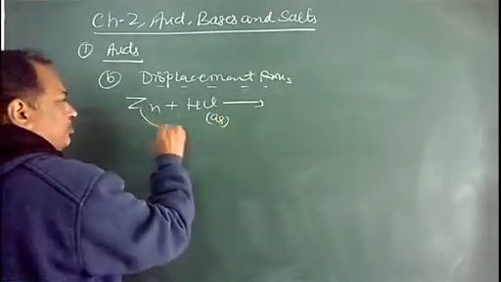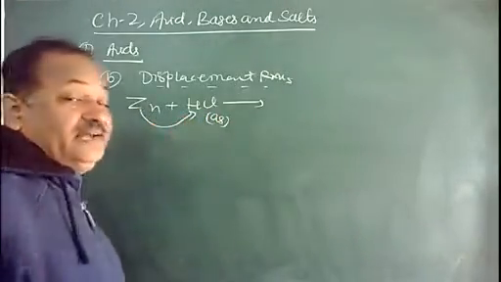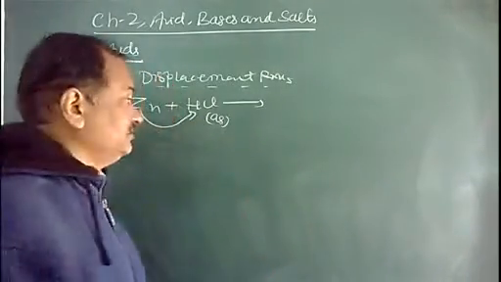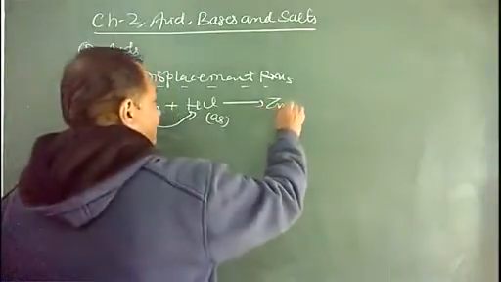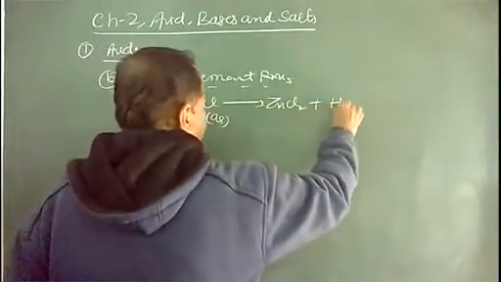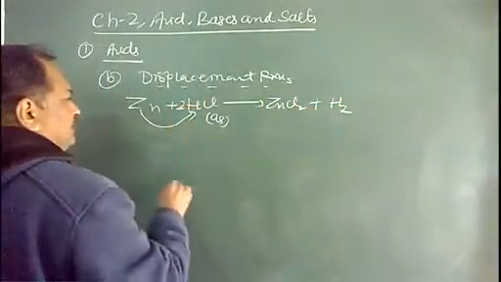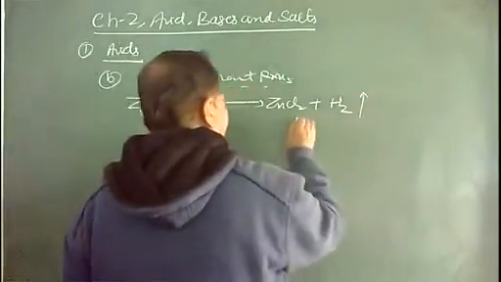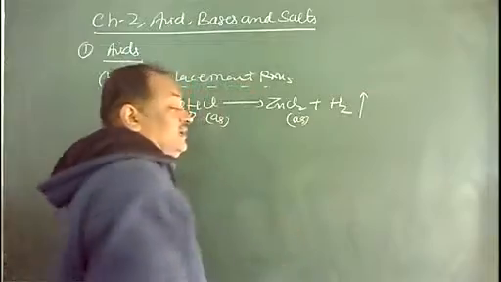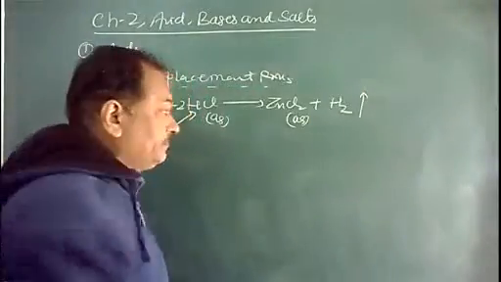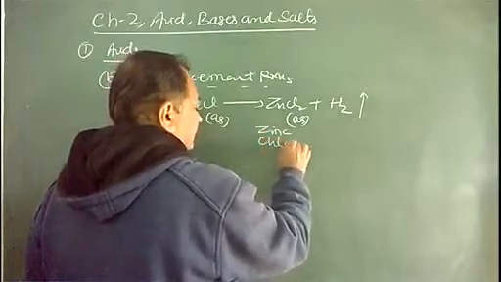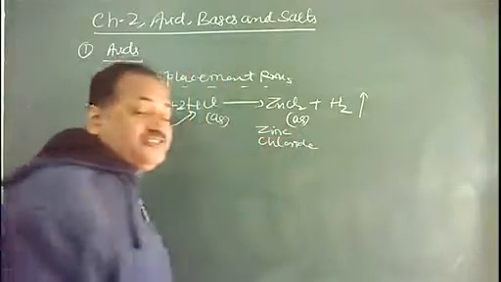So zinc is more reactive, and so the hydrogen in HCl is displaced, and there is ZnCl2 plus hydrogen. If you want to balance it, we'll have this. So hydrogen gas is released, and there is formation of aqueous zinc chloride. This is zinc chloride.